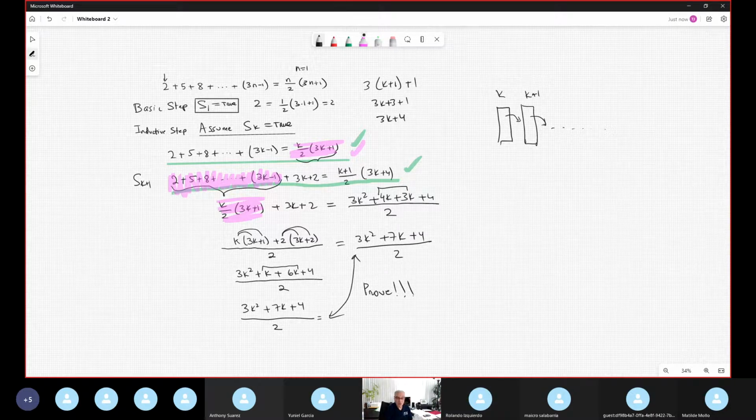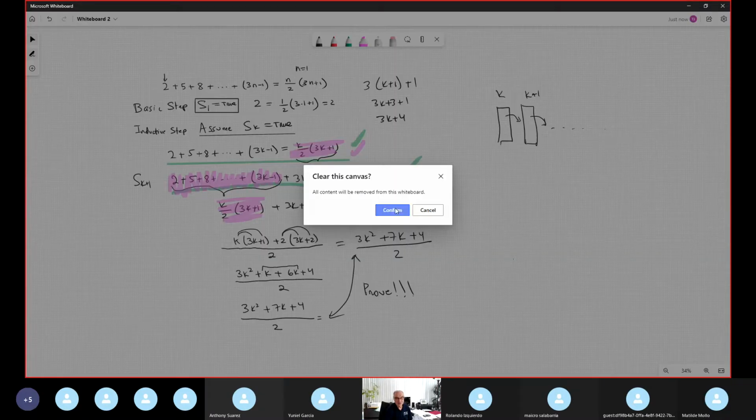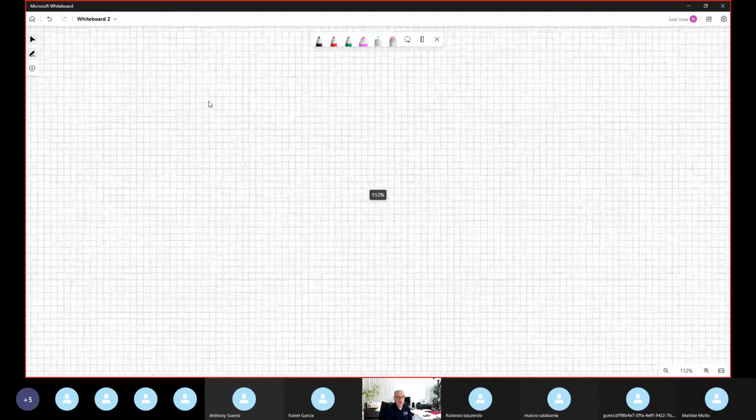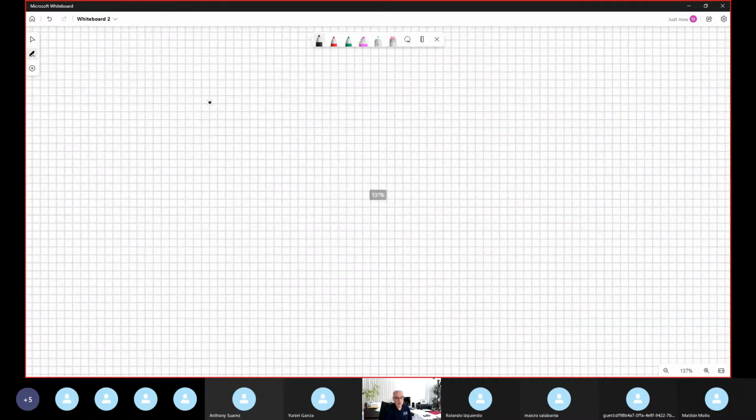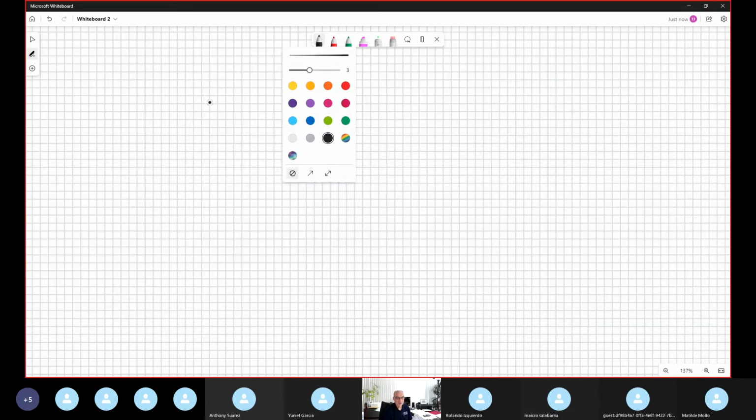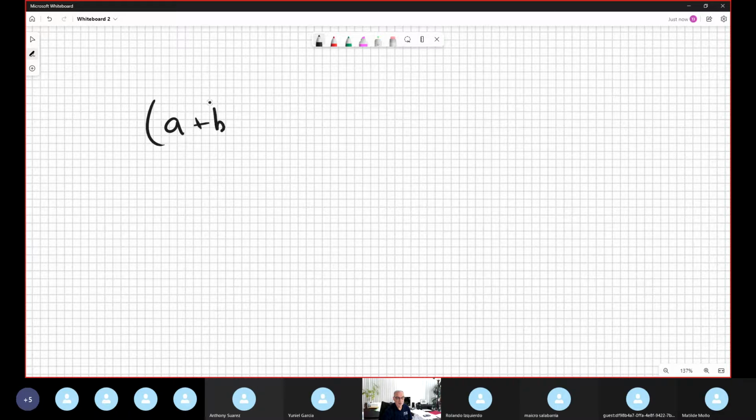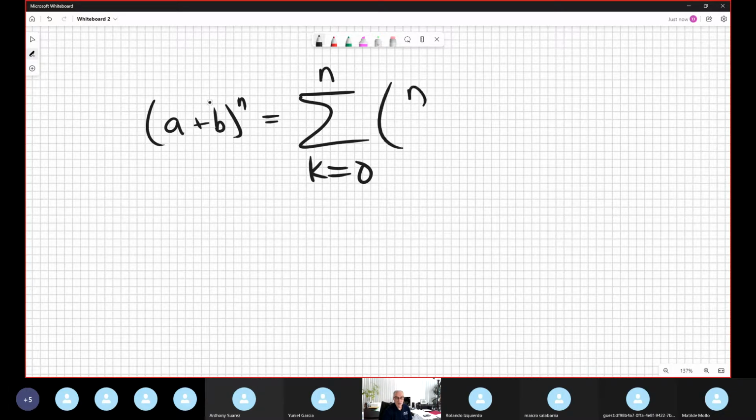Okay, let's move on to the binomial theorem, which is easy. Super easy. The formula for the binomial, remember, is (a plus b) to the n power is equal to the summation from k equals 0 to n of the combinatory number n choose k, a to the n minus k, b to the k.